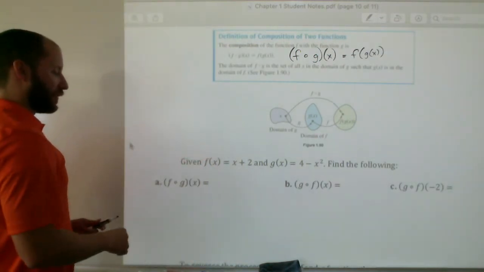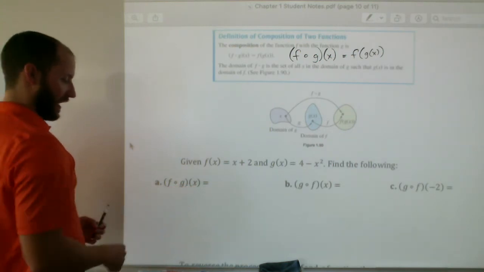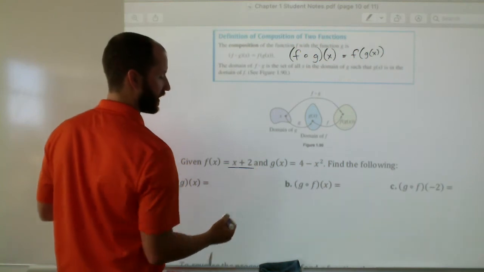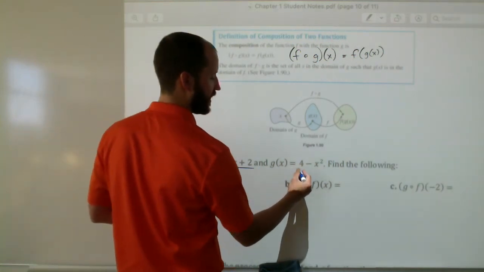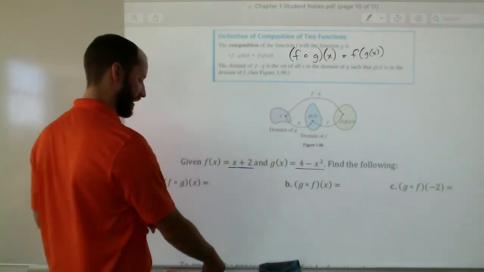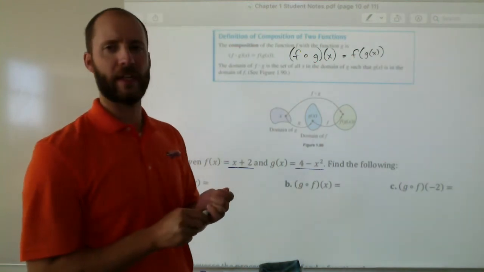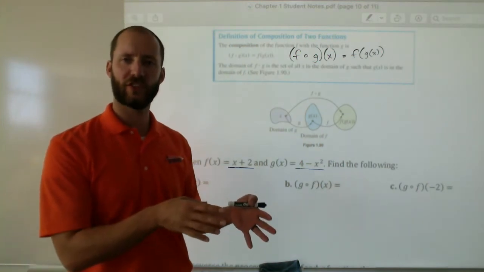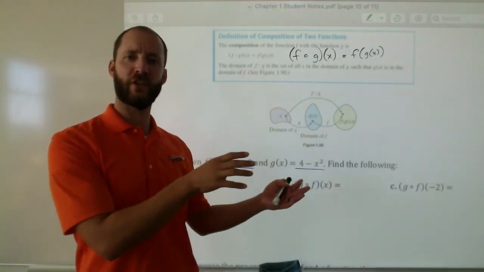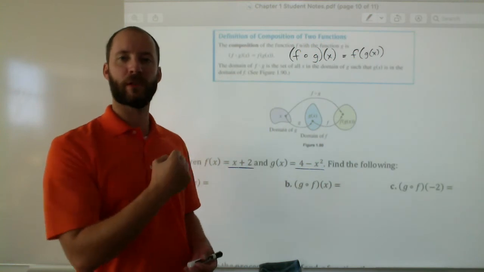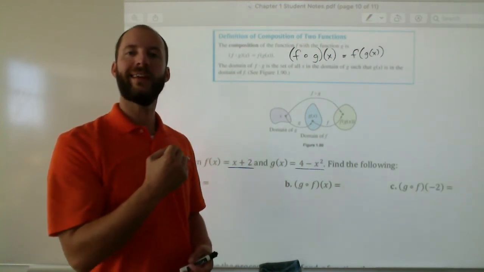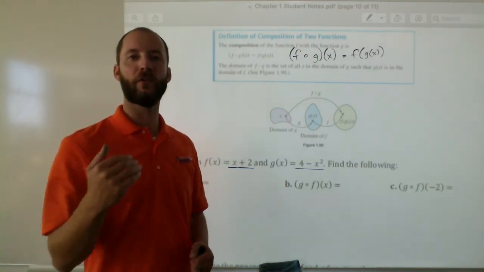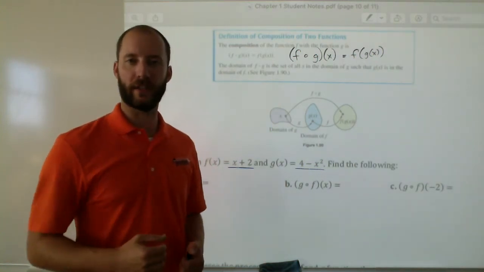So if we look at composite functions, f of g of x, we have f, which is x plus 2. We have g, which is 4 minus x squared. Now it's very important here that you realize what these functions are talking about. When you say f of x, x is being plugged in. What comes after the "of" is being plugged in. So f of x gets plugged in. F of 2 gets plugged in.